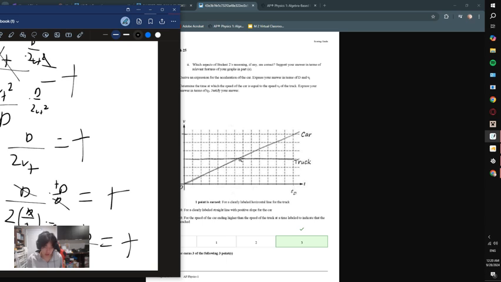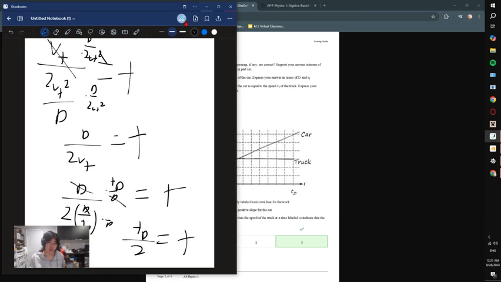So that means at half, it must be halved, because it's the half point. So Td over 2 is equal to T when the speeds are the same, because we just take this divided by 2.